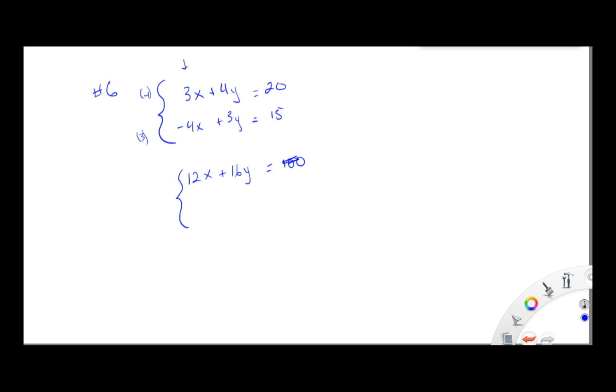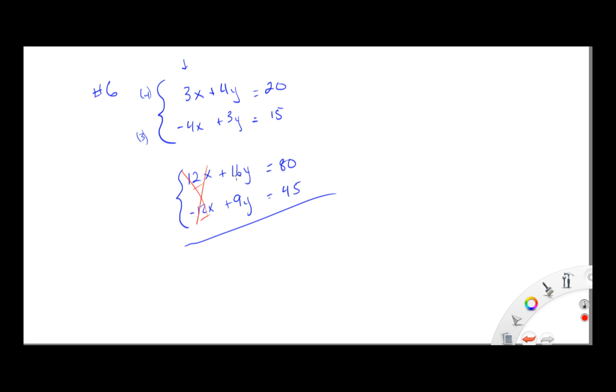Let me eliminate that. 4 times 20 should be 80. Okay. And then the bottom, we have a negative 12x. 3 times 3 is 9y equals 45. Okay.